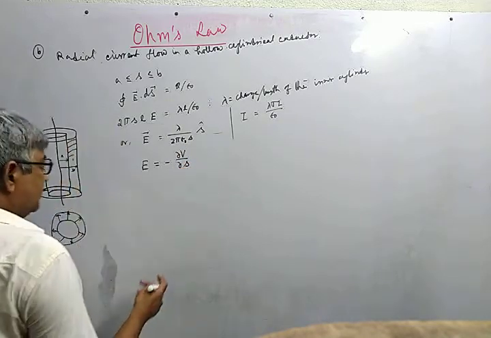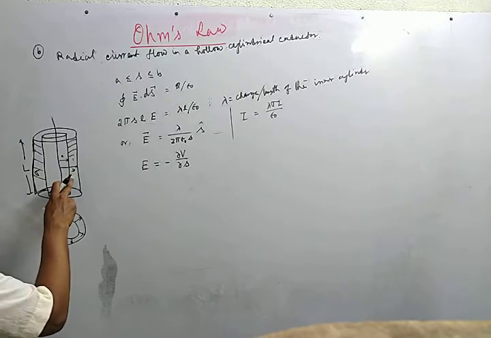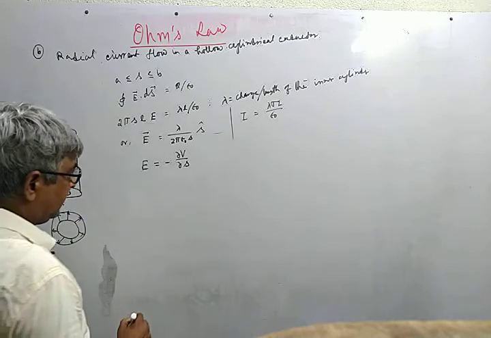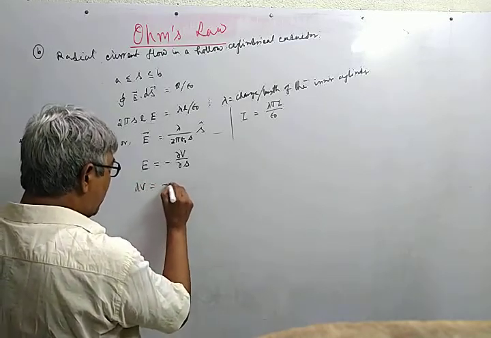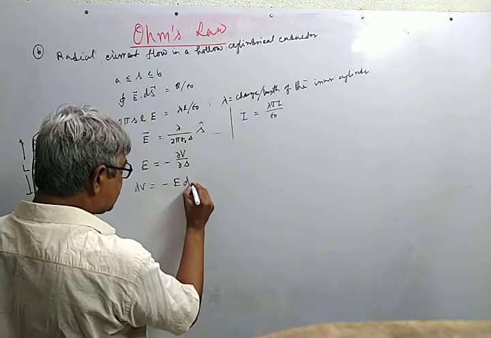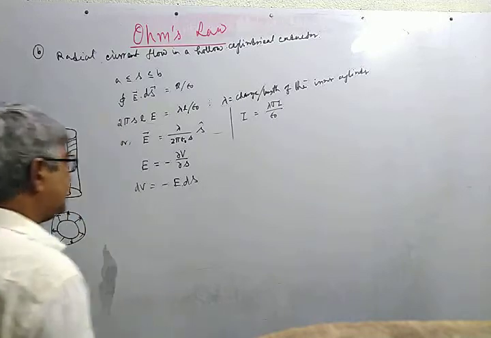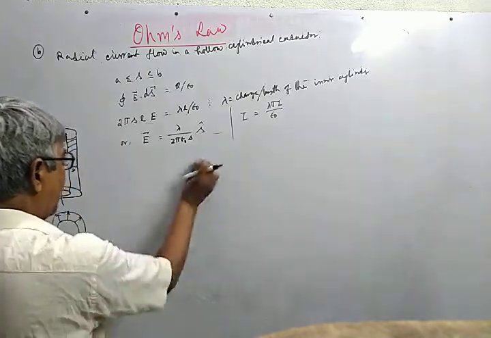del s, and the inner cylinder is at a higher potential and the outer cylinder is at a lower potential. So we get dV is equal to minus E dot ds, if we write it in the vector form.